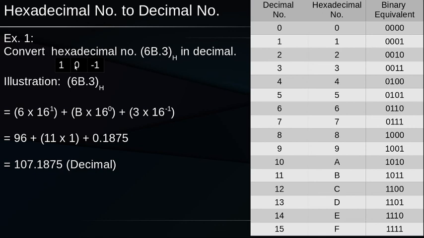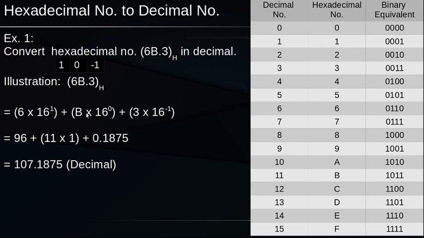B's place value is 0, 6 place value is 1, and for fractional part, left to right, so 3's place value is -1. And then we write each digit multiply by its place value and so on. So 6 into 16 power 1, because its base value is 16, so we write 16. 6 into 16 power 1 plus B into 16 power 0 plus 3 into 16 power -1.